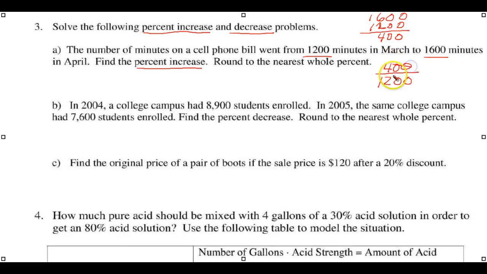Here we can just cancel these out and we get 1/3. Now 1/3 is 33 and 1/3%, but they want us to round to the nearest whole percent. So that would end up being 33% increase.